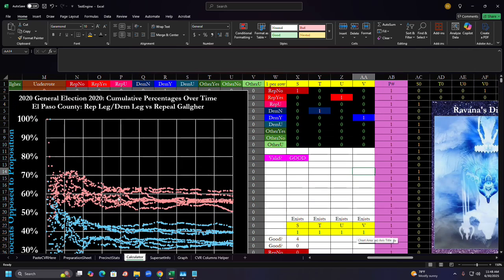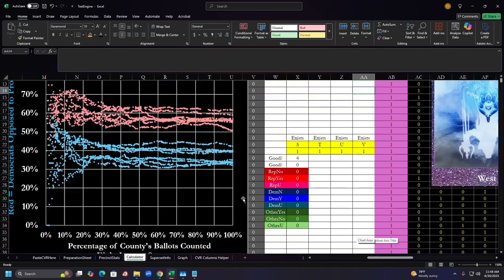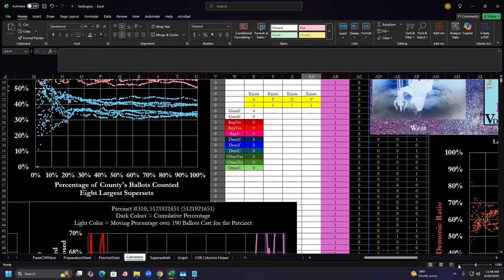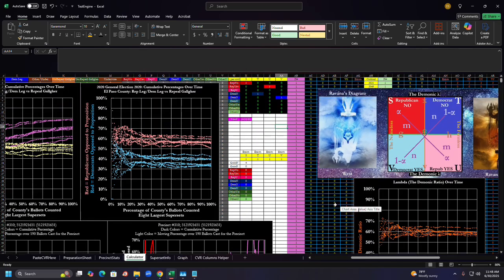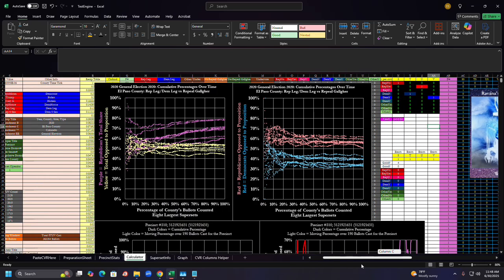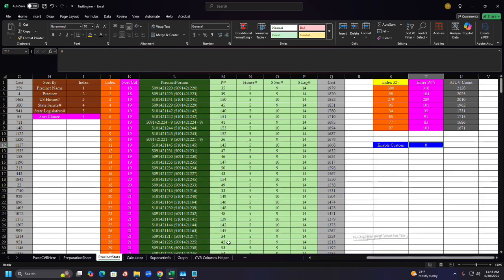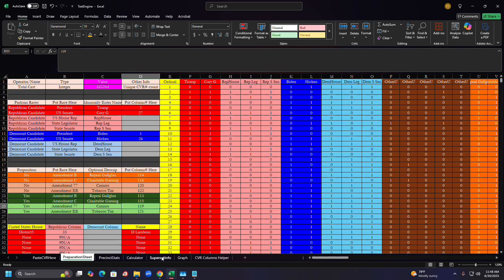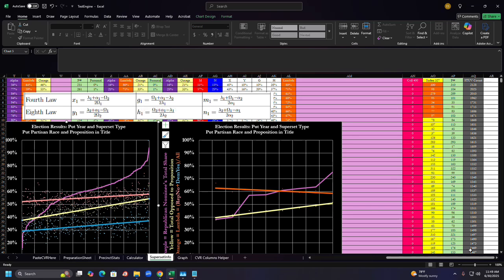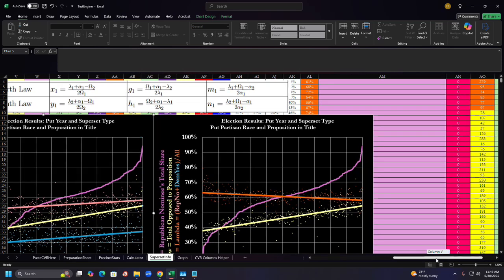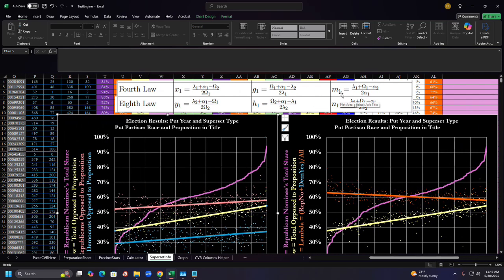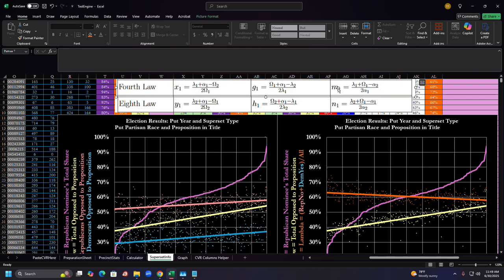Because Republican opposition, be it to abortion or to the repeal of Gallagher, follows what's called the fourth and eighth laws. Quite simply, it says M equals lambda plus omega minus alpha over 2 alpha.